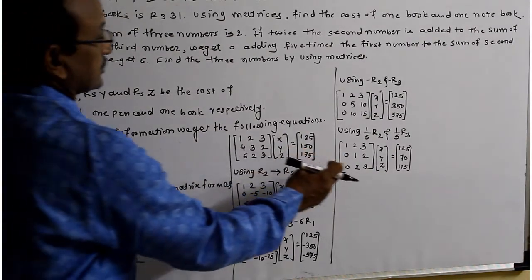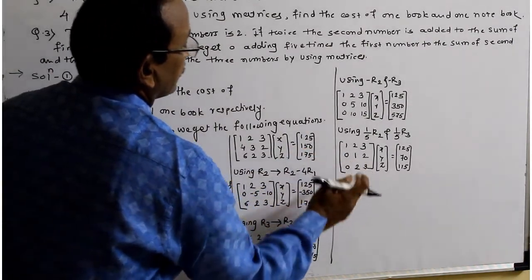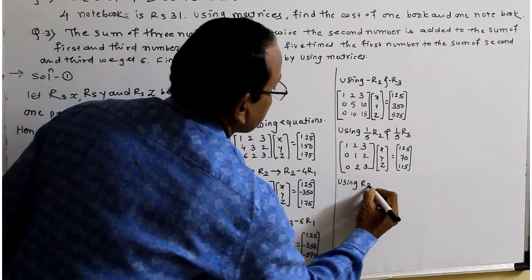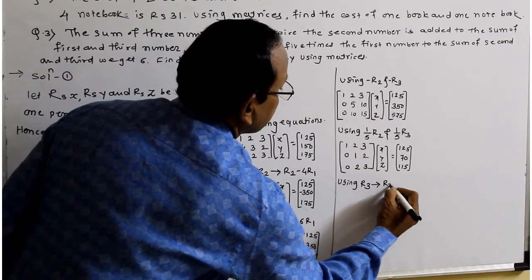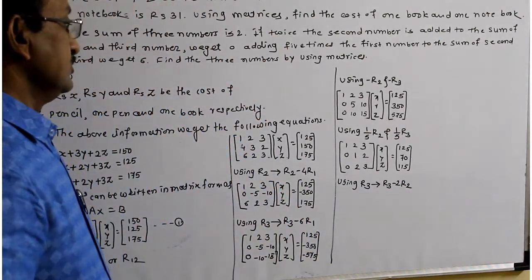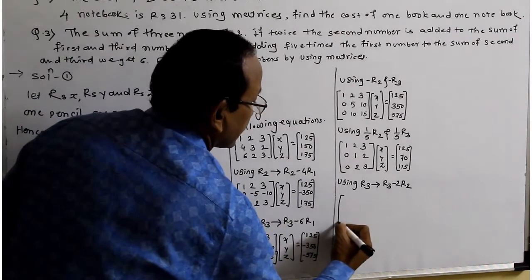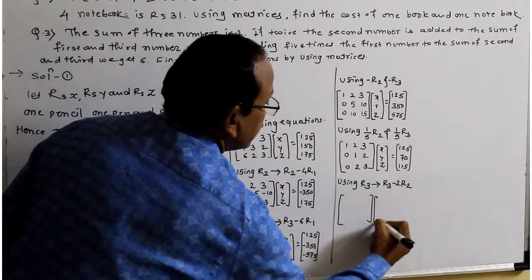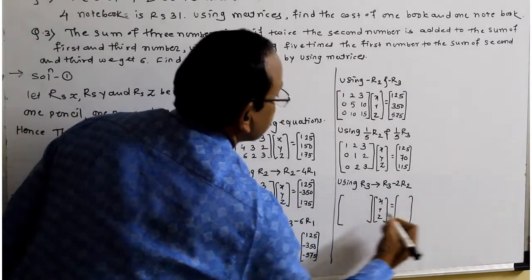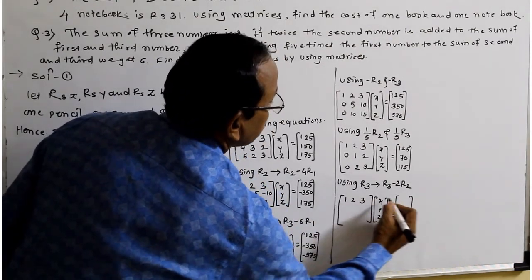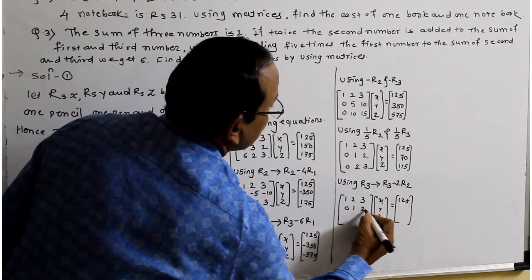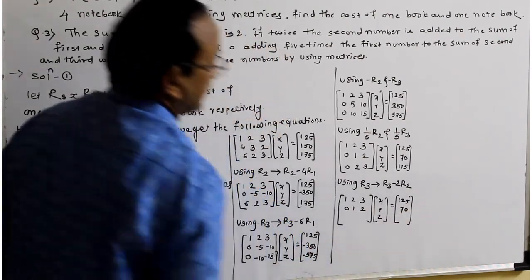Now obtain the 0 here. How to obtain it? By using the operation R3 implies R3 minus 2 times R2. Then the matrix x, y, z is equal to this matrix: 1, 2, 3, 125, 0, 1, 2, it is 70.